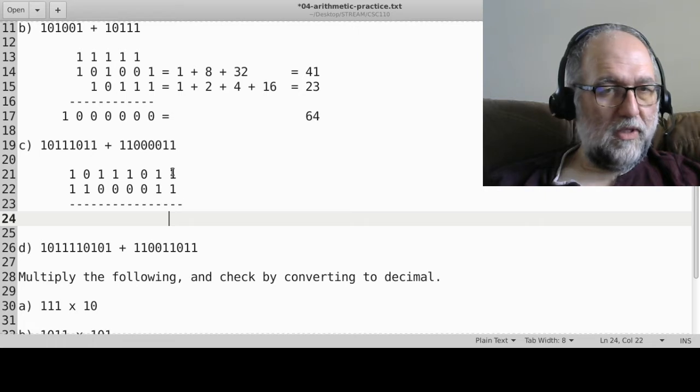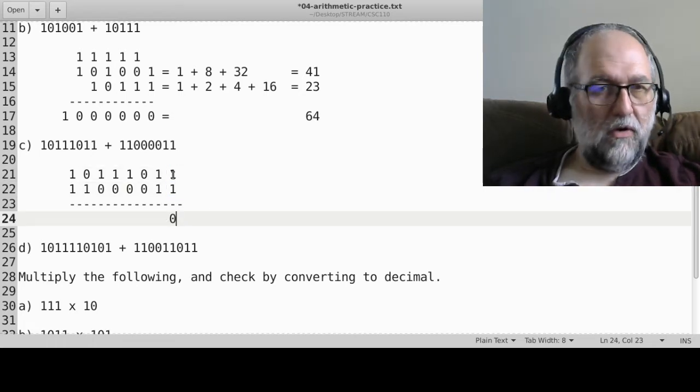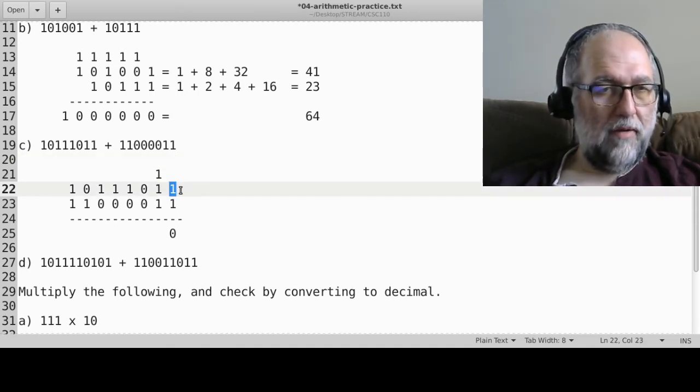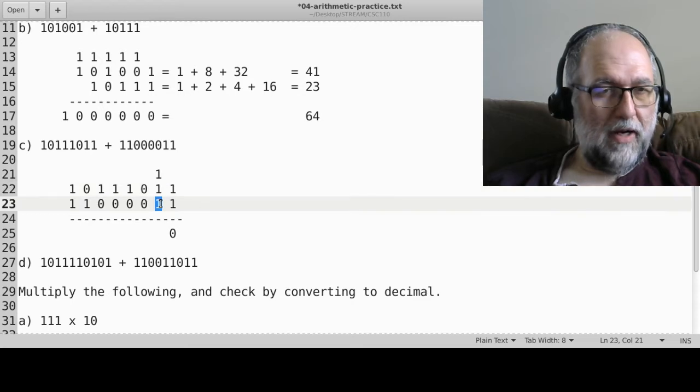So we start over in the ones column here, and we have 1 plus 1 is 0, carry 1. Then 1 plus 1 plus 1. Aha! It's the first time we've seen that today.